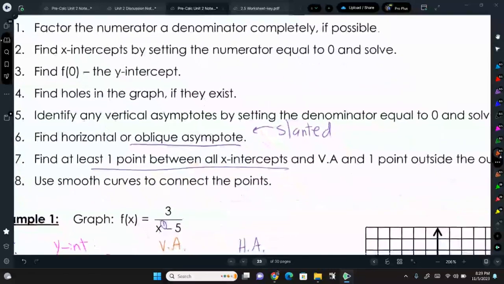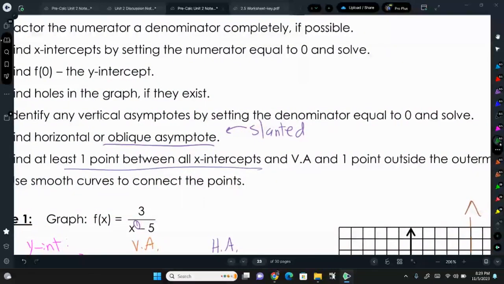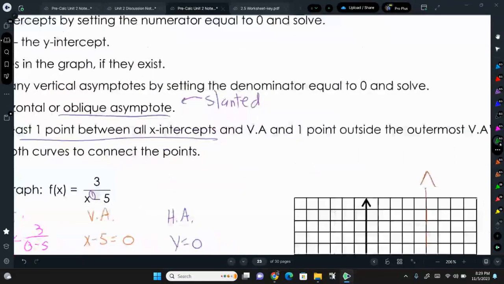is that with our horizontal asymptote, we can now cross horizontal asymptotes. So last year we said no, we couldn't cross them, but now we can.